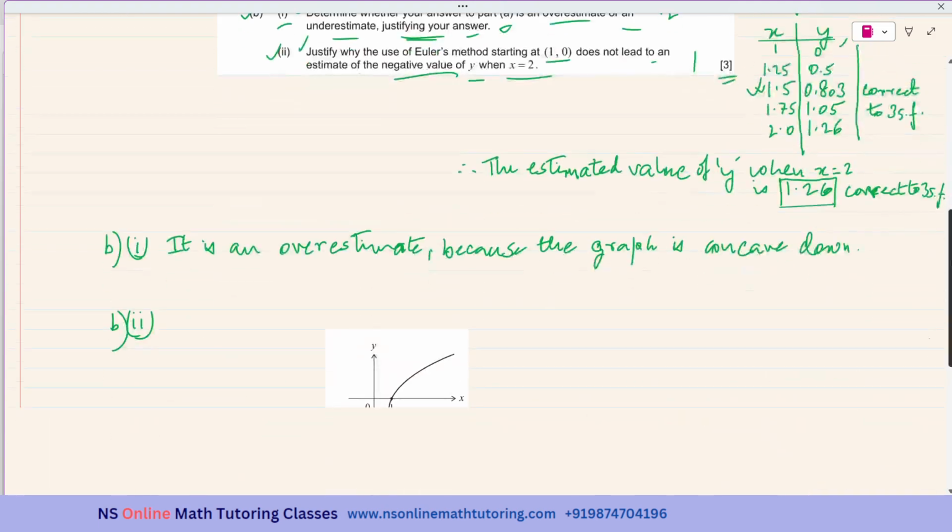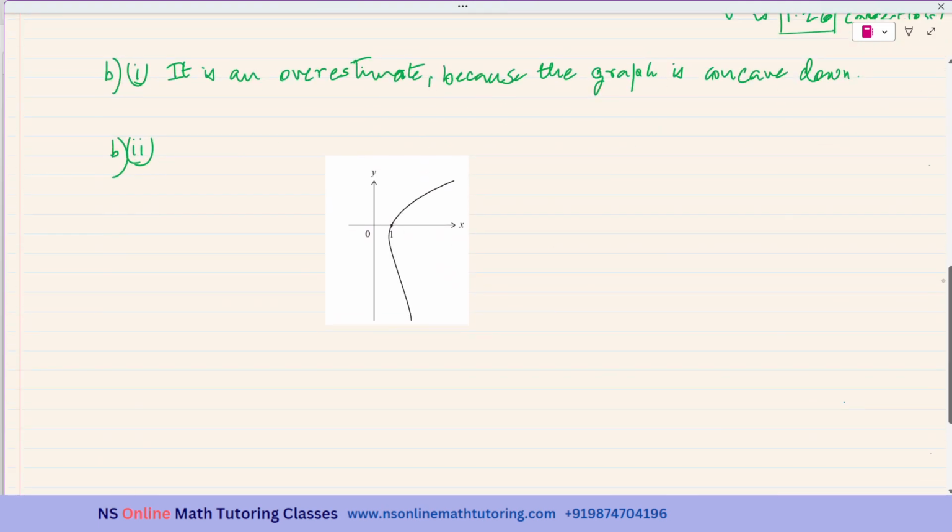Okay, so for this I have brought in this graph once more, and as I have shown, at x equal to 1 we will be drawing the tangent like this maybe. And maybe this is 1.25.